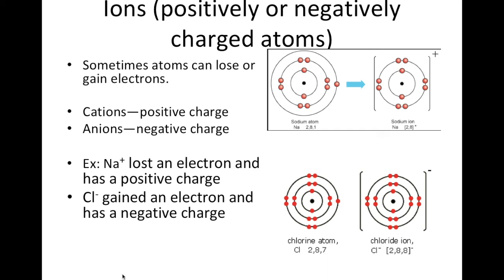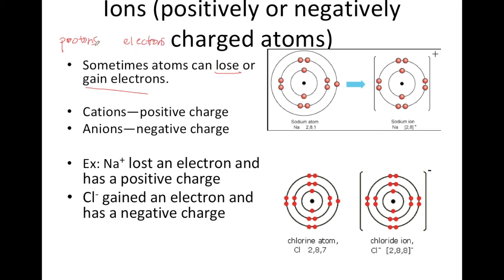Okay, the next thing I'm going to talk to you about is ions, which are positively and negatively charged atoms. Almost all elemental atoms have to be neutral. But in some cases, they're going to lose or gain electrons, and when they do that, they're tipping the scale between the balance of protons and electrons.